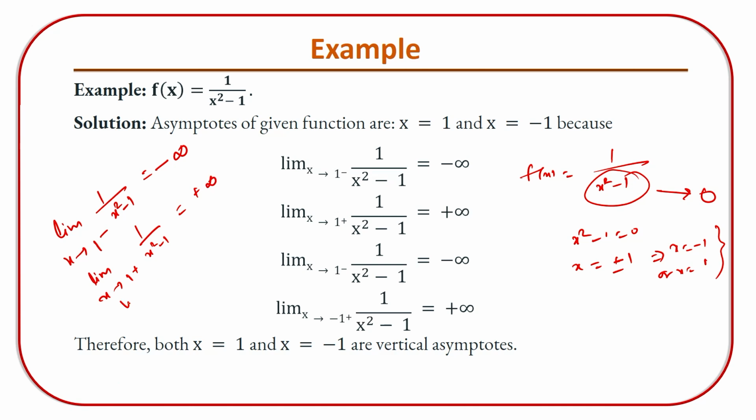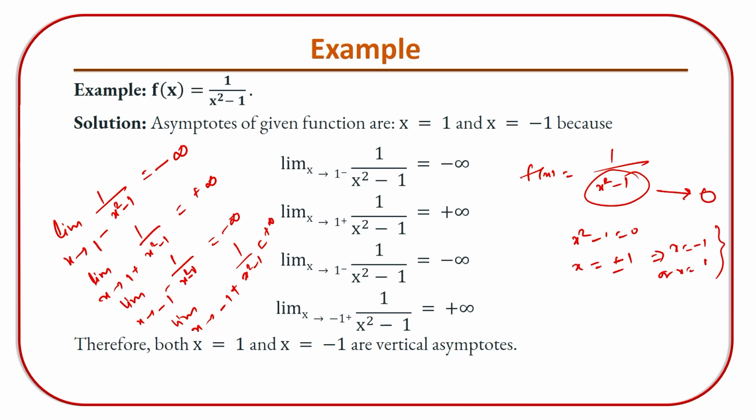Similarly, if I take limit x tends to -1 of 1 by x square minus 1 from the left, this will also give me minus infinity, and the limit as x tends to minus 1 from the positive, right-hand side, of 1 by x square minus 1 will give me plus infinity.